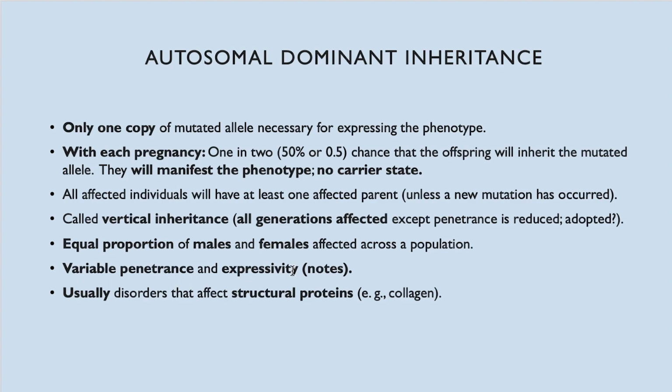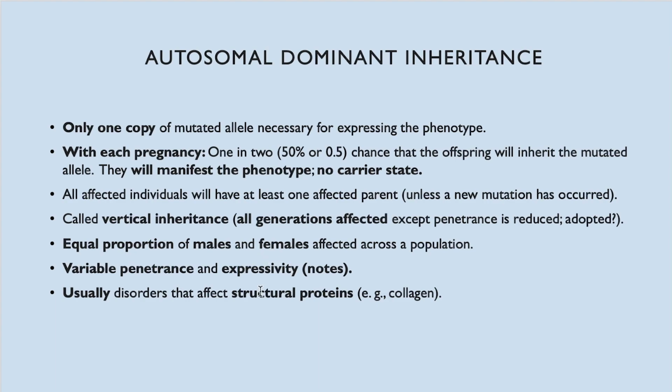Penetrance means the proportion of individuals with a particular genotype that show the expected phenotype. If every individual has symptoms, we can say that the disease has complete, or 100%, penetrance. If only 70% of the people that inherit the mutation have manifestations, we say that the disease has 70% penetrance.